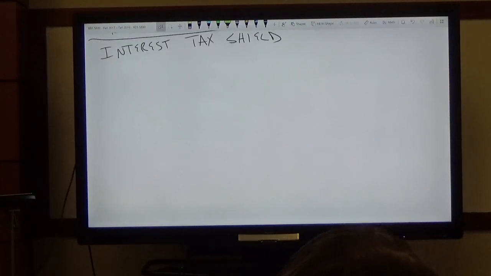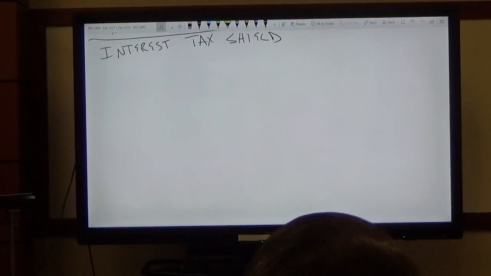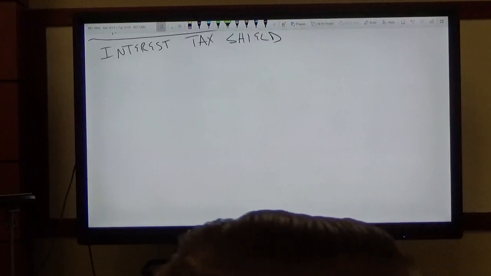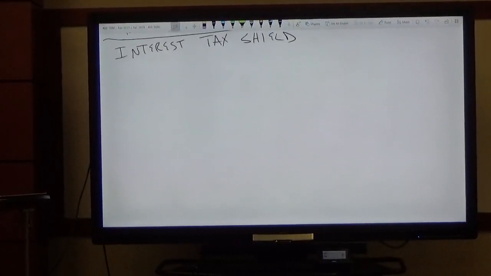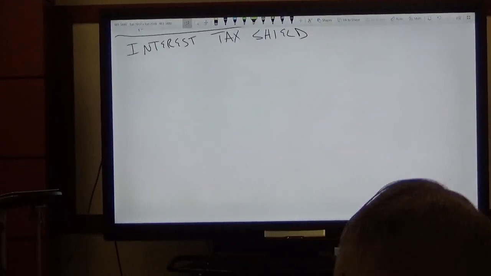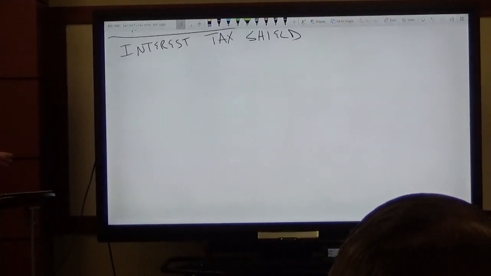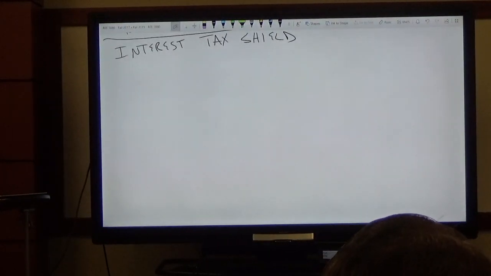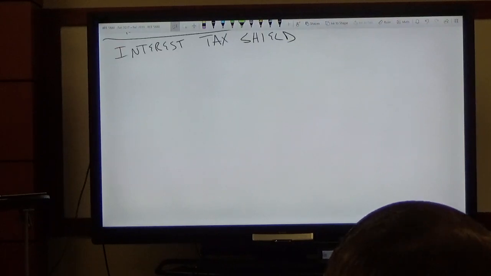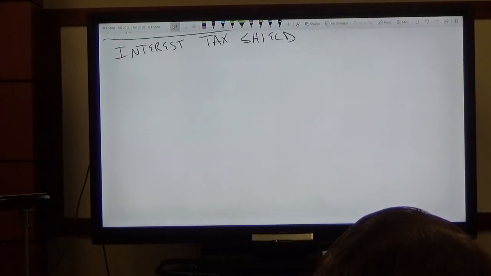This finance course is meant to focus purely on the debt side of the business and takes us down to pretty much before tax cash flow and not beyond. The interest tax shield happens after the before tax cash flow, but your author of the textbook talks about it here, so I'm going to talk about it. We'll do a quick little calculation, but you'll get more depth in the other course.